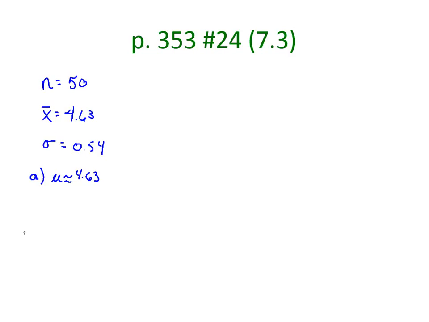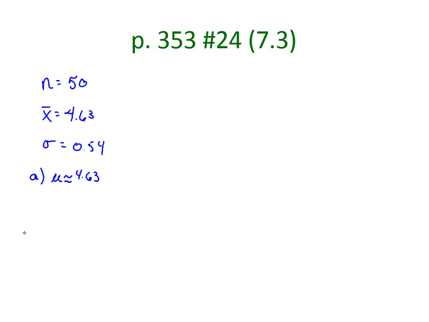Now, on this one, do I know the population standard deviation? Red blood cells have been studied so many times that we've got a pretty good guess of what it's going to be. The standard deviation is 0.54 as the population standard deviation. Now, I want to construct a 99% confidence interval estimate of the mean red blood cell counts of adults.